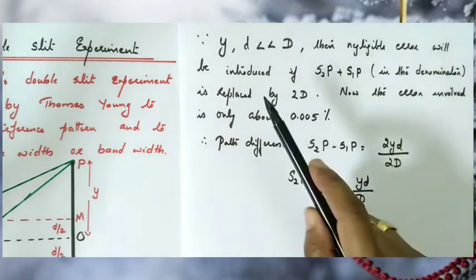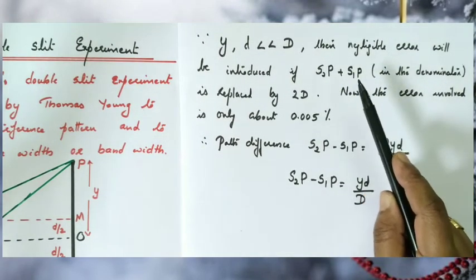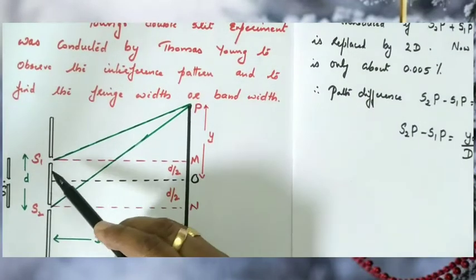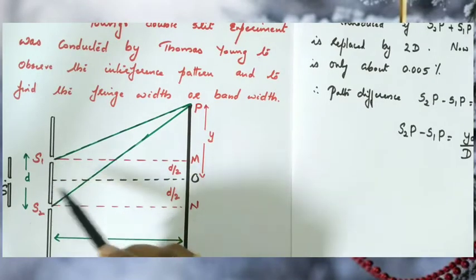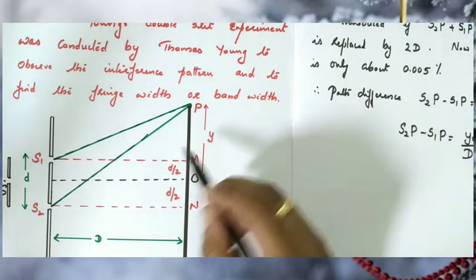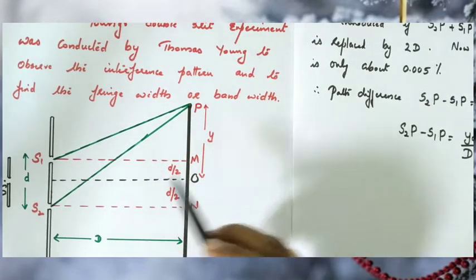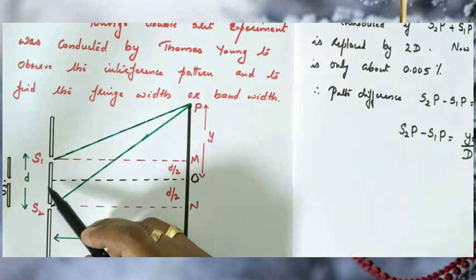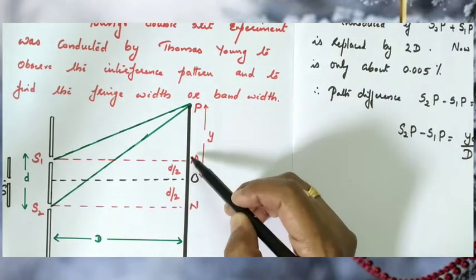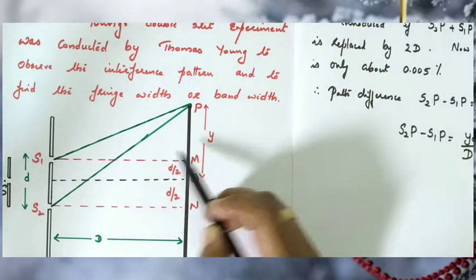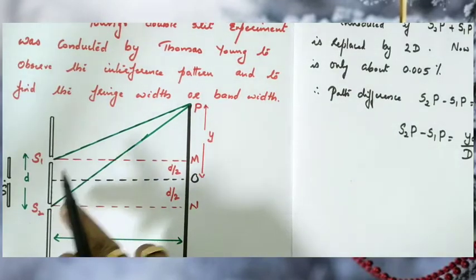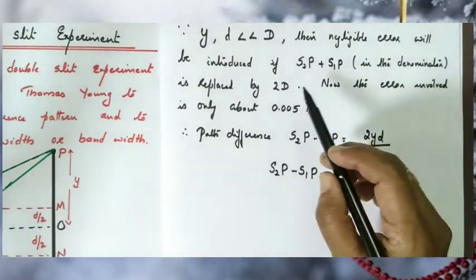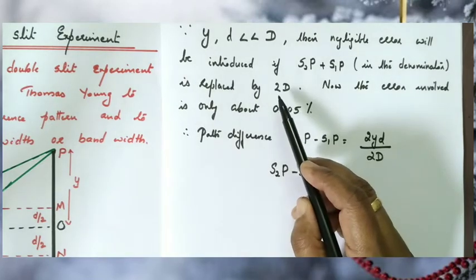Then negligible error will be introduced if S2P plus S1P in the denominator is replaced by 2D. Since S1 and S2 are very close, and P is a point very close to the center point, S1P and S2P are almost equal to D plus D. Because S1 and S2 are closer and the point P is very close to the center region, S1P is almost equal to capital D, and S2P is also almost equal to capital D. So in the denominator, S2P plus S1P can be replaced by 2D.